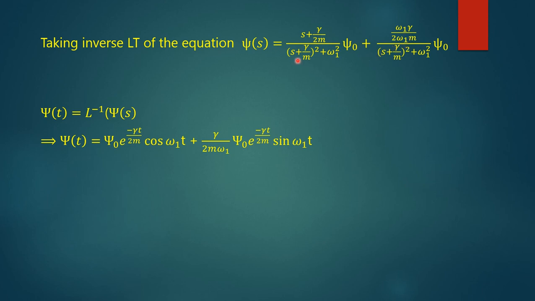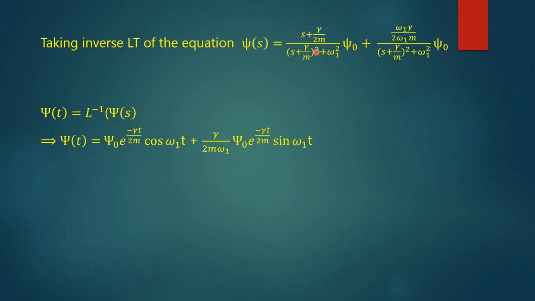The inverse transform of s plus gamma by 2m over s plus gamma by m the whole square plus omega 1 square is equal to e to the power minus gamma t by 2m into cos omega 1 t. This is the standard formula, which we know: s plus b over s plus b the whole square plus a square is equal to e to the power minus bt into cos at.